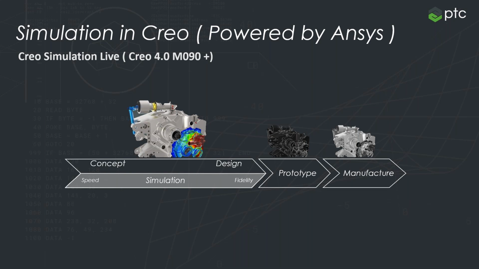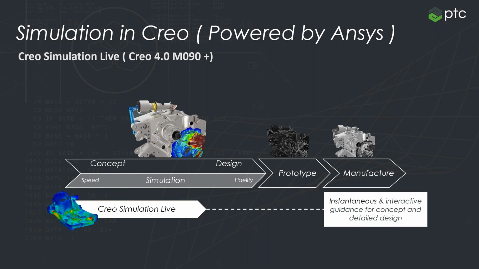So again, Creo Simulation Live has been supported since Creo 4 M090. Some of you may be in Creo 4, 5, 6, or 7, right? It has been there since the Creo 4.0 M090 date code. And the purpose of that first integration of ANSYS Discovery Live into Creo Parametric is to give engineers instantaneous feedback as they work on their design.